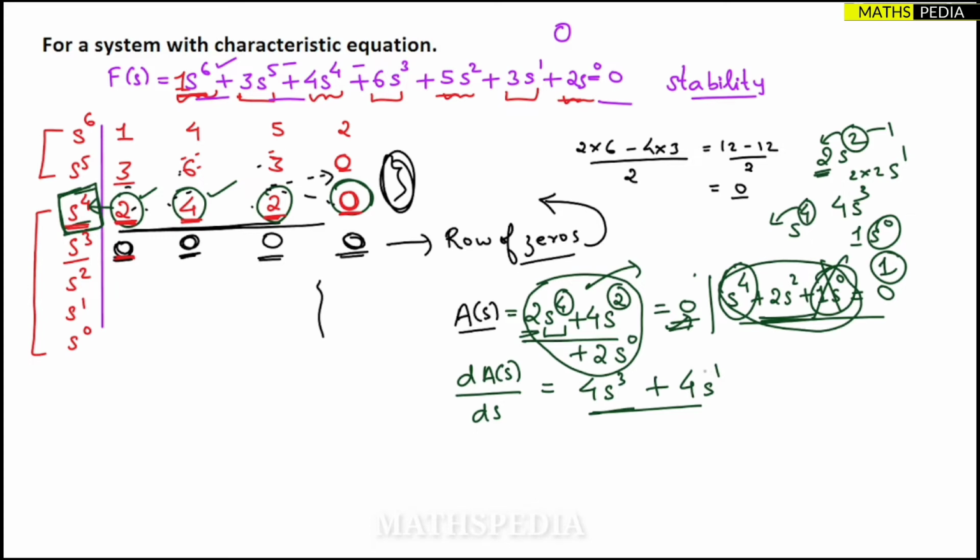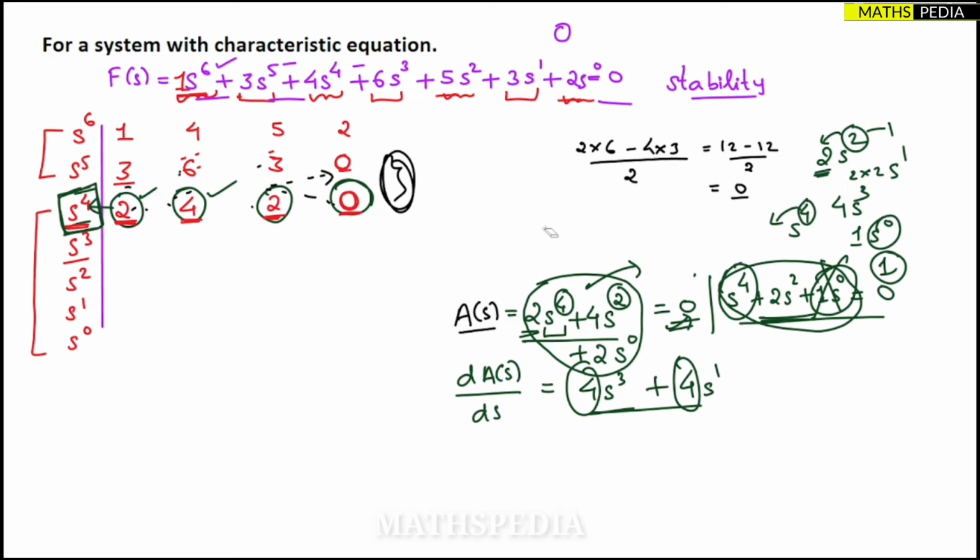Now the coefficients of this equation, after differentiating, you can put in the row of zeros. So basically I am going to delete this row of zeros, whose elements were 0, and put here the differentiated coefficients, that is here I have 4, here also I have 4.